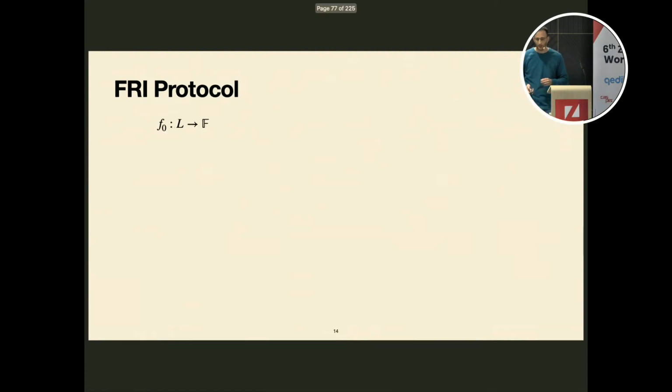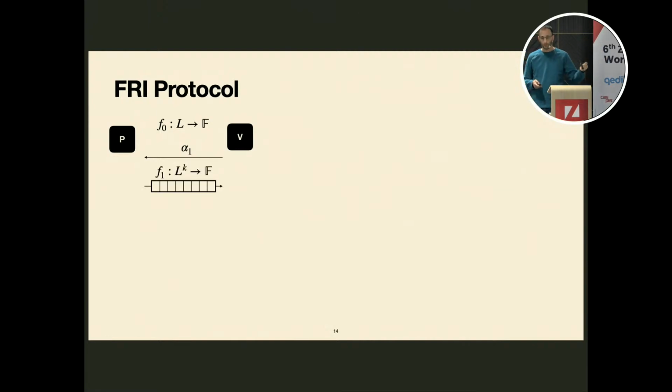What Phi does is it says, let's start with some function. I have my function in the sky. I'm now going to denote it f0. And the verifier is going to send randomness alpha 1. This defines the folding of f0, which we call f1. f1 is just the folding of f0 with the randomness. And then we do this again. We send new randomness, and we get another folding of f1.